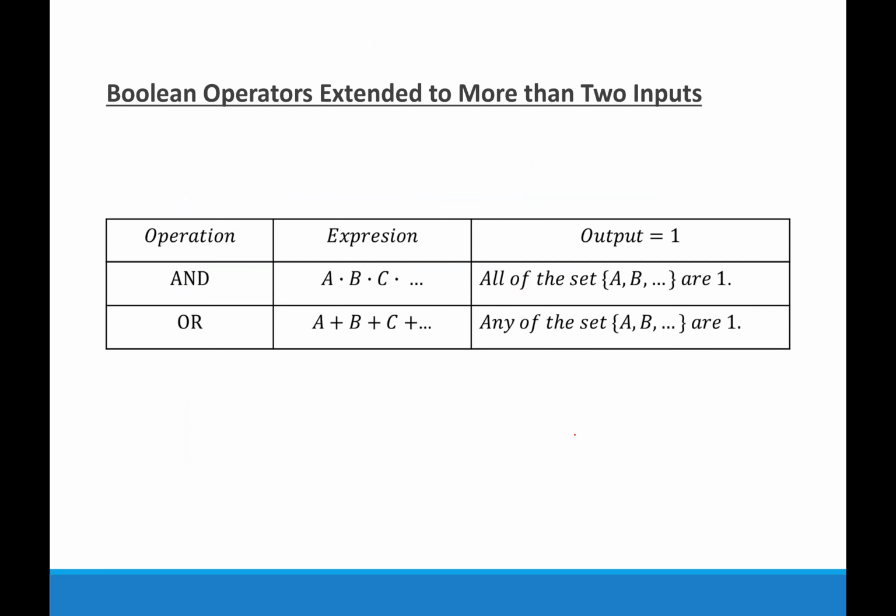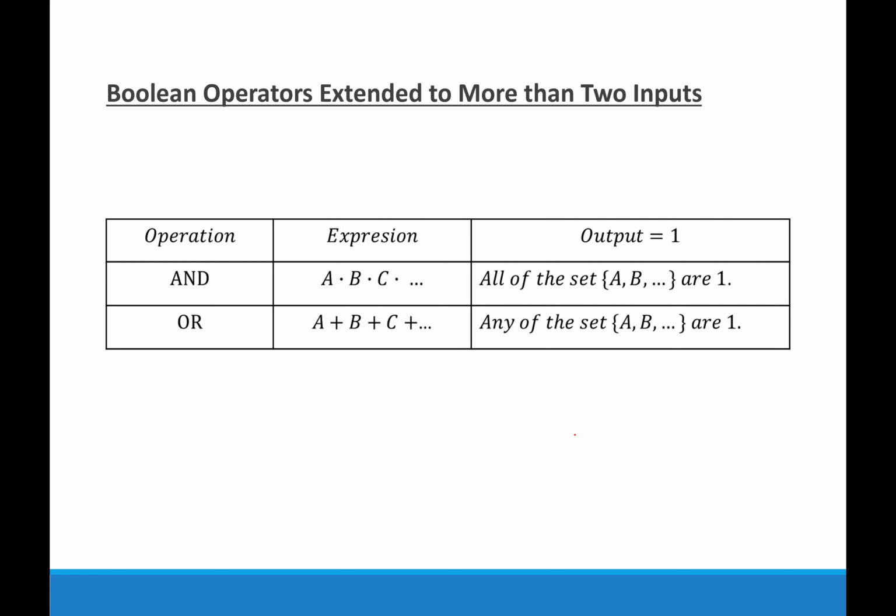We cannot consider the NOT operation. If we take the NOT operation, we can give only one input. But with AND and OR operations, we can apply 2 or more inputs.